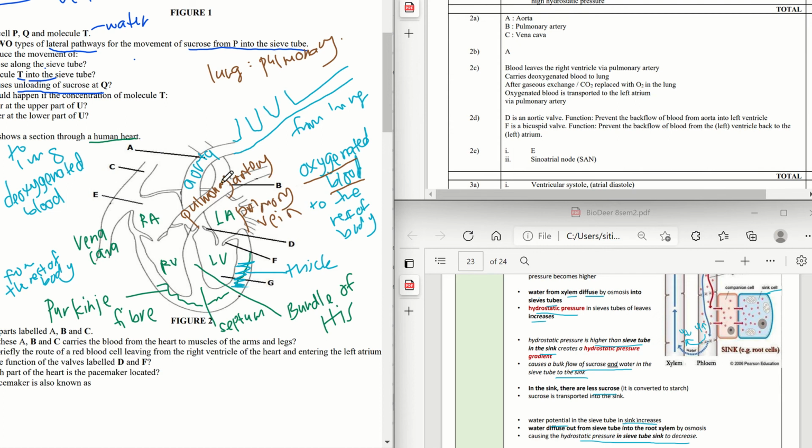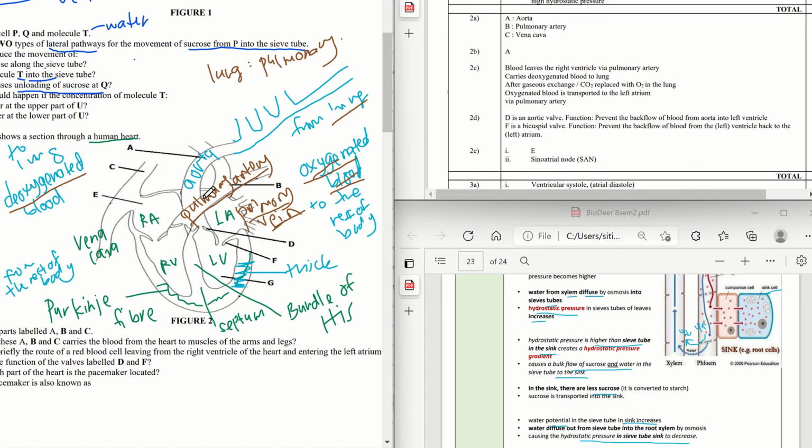Yang awak belajar, artery carry oxygenated blood kan? Tapi daripada right ventricle nak bawa deoxygenated blood to the lung, nama vessel dia pulmonary artery. Daripada lung carry oxygenated blood menggunakan pulmonary vein. Yang you belajar, vein carry deoxygenated blood kan? Yang pulmonary ni terbalik. So tu kat sini settle.